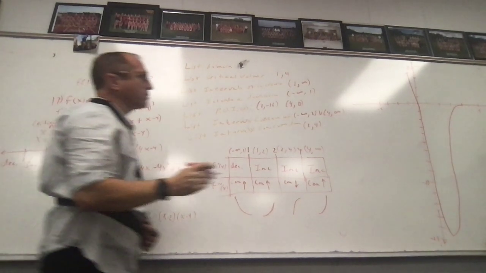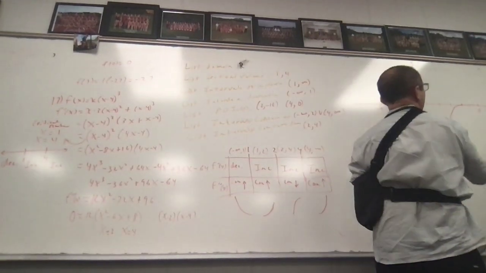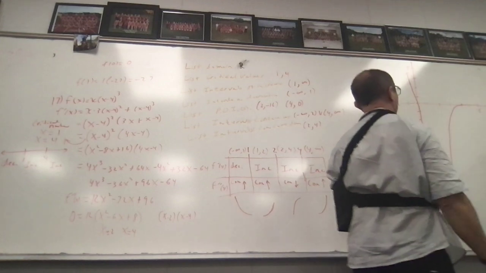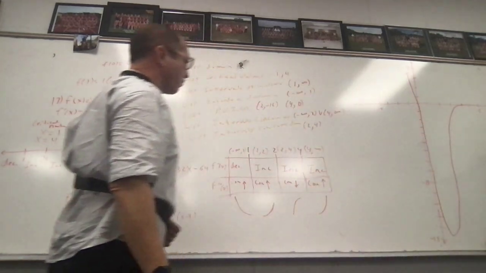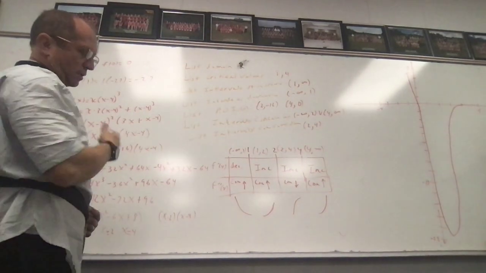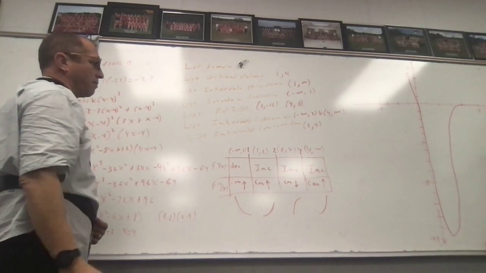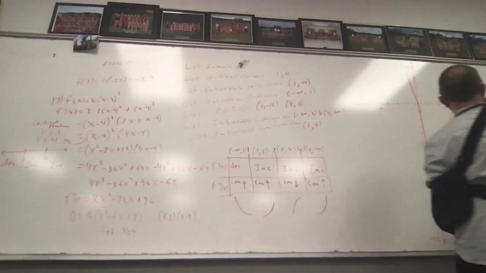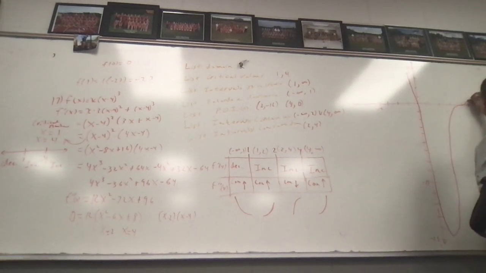So sometimes when you switch concavity, you don't have to go horizontal with it, but in this case I needed to. So from 4, 0, and then going on to infinity from that point, I'm increasing and I'm concave up. So the graph from here starts turning and going up like this.